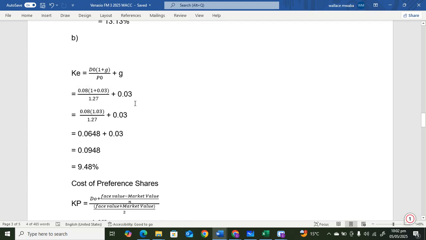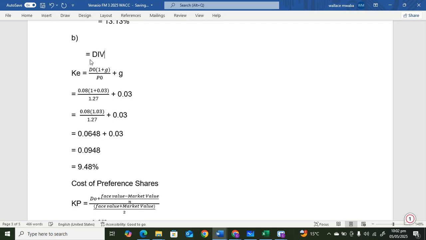Let me write this formula in simple English.